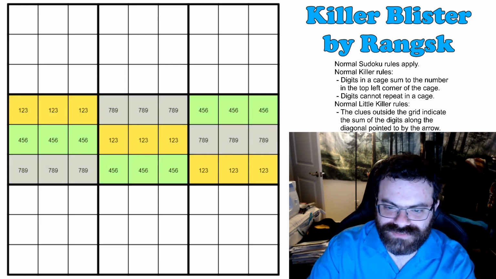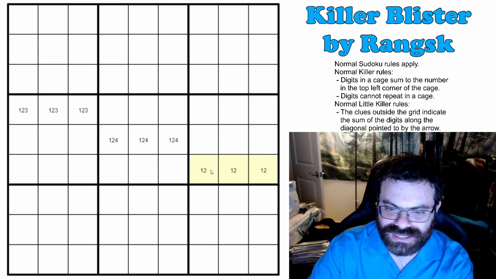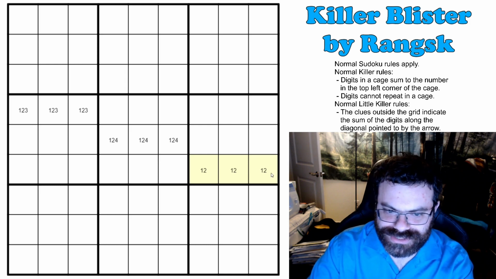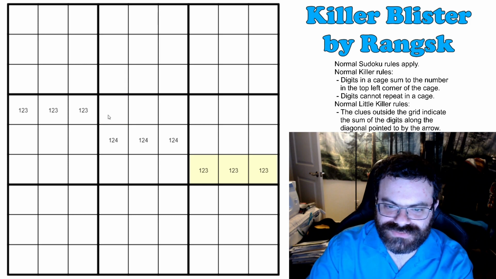So the kind of opposite thing we can think about is, what if I have a 1, 2, 3 here and a 1, 2, 4 here? Well, the 1 and the 2 are not going to be able to be present in these 3. So we have to have a 1 and a 2 down here somewhere. But then what could the third number be? Well, I couldn't make it a 3, because that would force a 3 into here, and there can't be a 3 here.